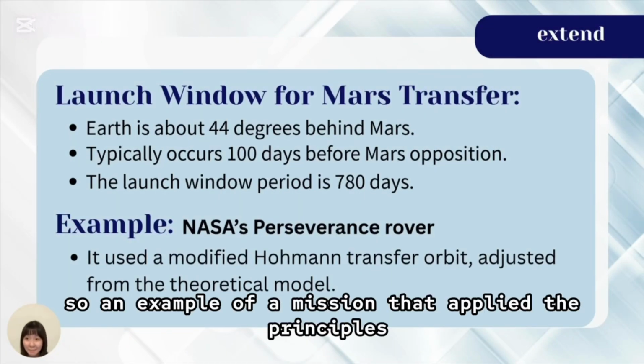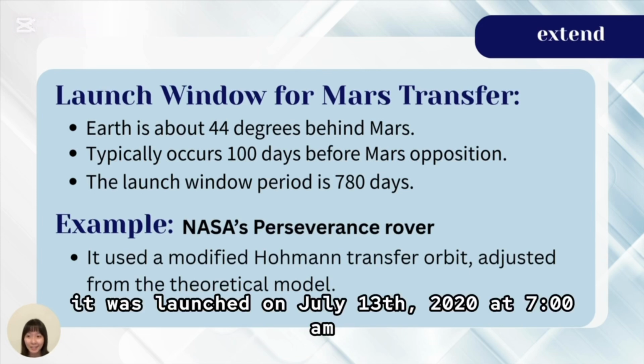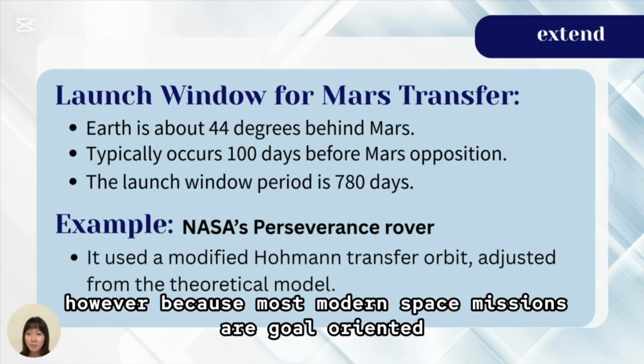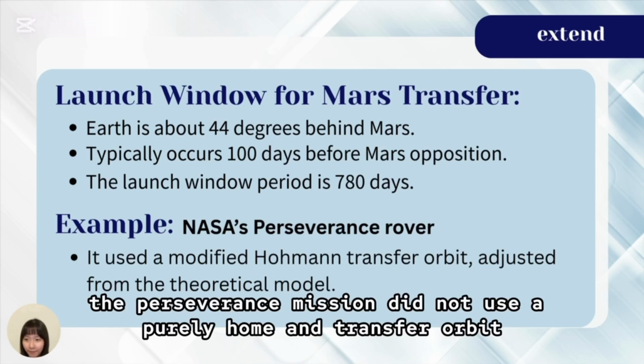So, an example of a mission that applied the principles of the Hohmann transfer orbit is NASA's Perseverance rover. It was launched on July 30th, 2020, at 7:50 a.m. during the launch window. However, because most modern space missions are goal-oriented and do not require the same level of fuel conservation, the Perseverance mission did not use a purely Hohmann transfer orbit.